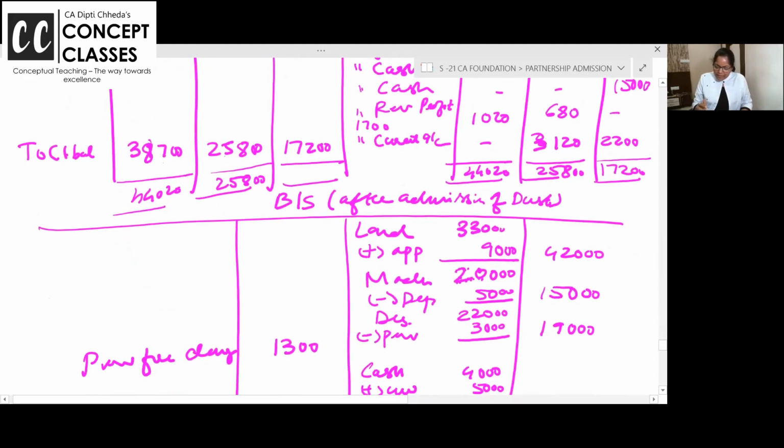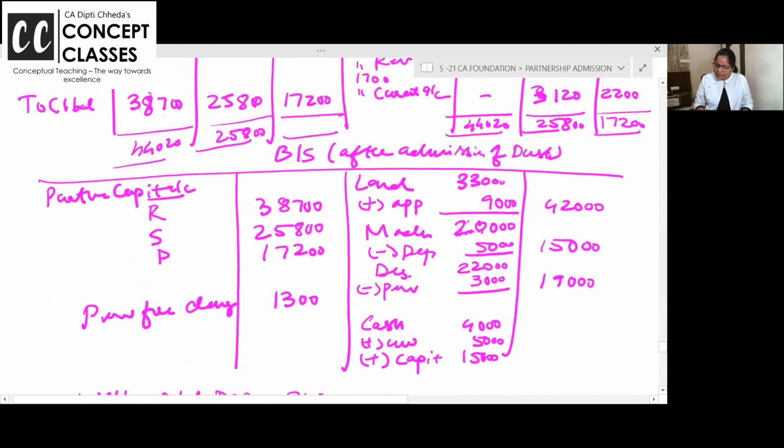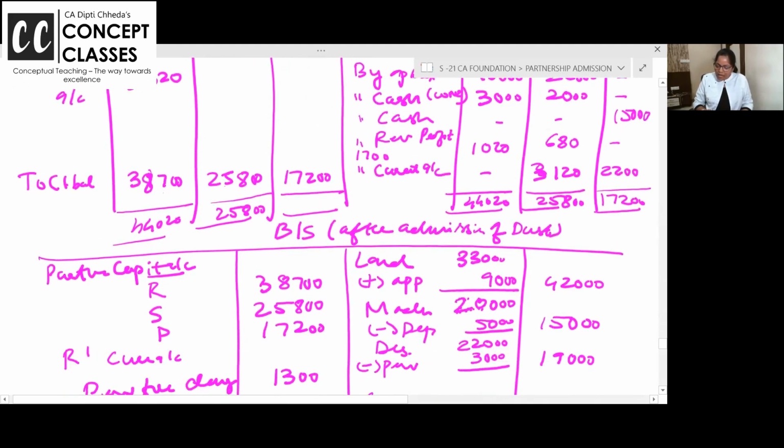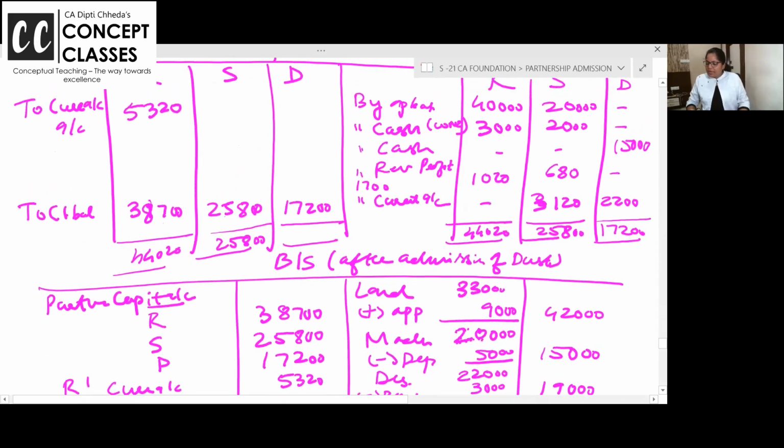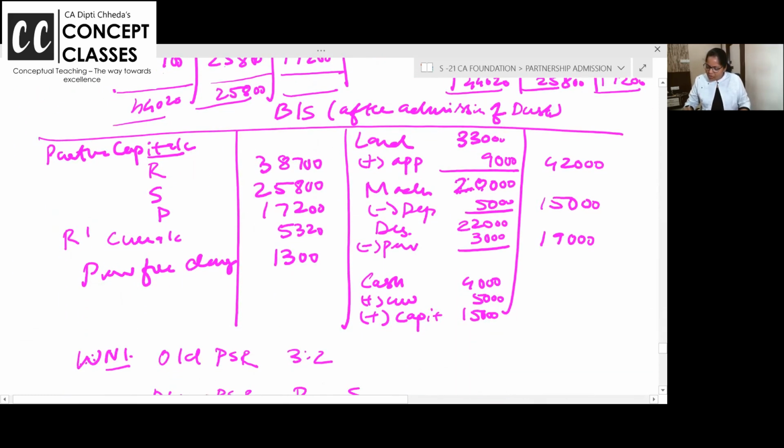Okay? Can we write here partners' capital account, R, S and D: 38,700, 25,800, 17,200. And R's current account also 5320. S and D will be on the opposite side.